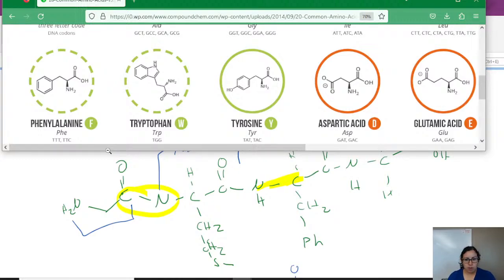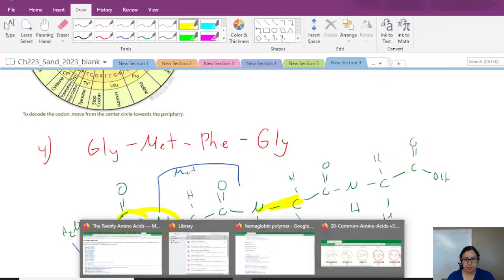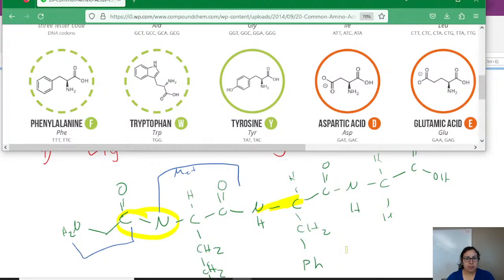So just so you can follow along, phenylalanine, so we hooked it there. So nitrogen from our previous one, so methionine goes to our phenylalanine here. So nitrogen, there's a carbon, that carbon, phenyl group, and then the rest of phenylalanine, the carbon there, nitrogen, and then our last one, glycine.